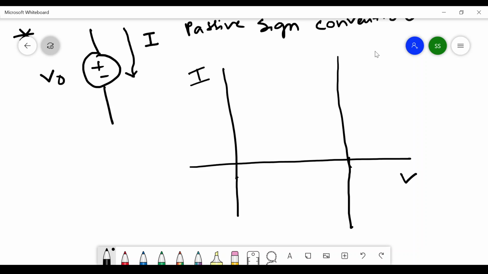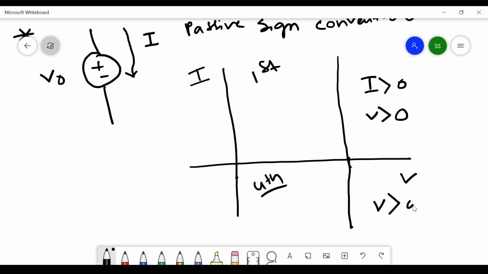So you can say that this characteristic is falling in the first and fourth quadrant. In the first quadrant, I is always greater than 0 and V is greater than 0. In this particular quadrant, V is greater than 0 and I is less than 0.